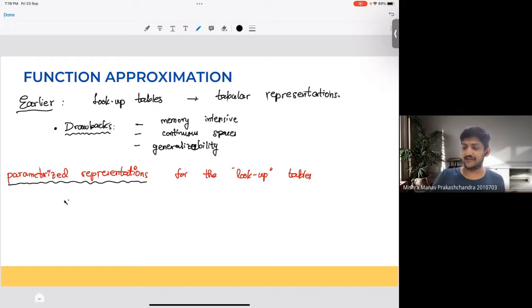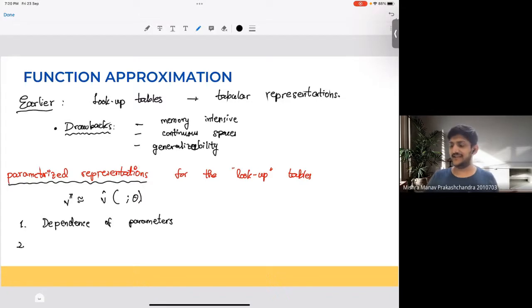So my v of pi, I would like to estimate it as a function of some parameters theta, right? This gives me 2 points. First is that in order to do this, I should have basically a dependence of parameters on the output. So whatever parameters that I have, they should have some linear dependence with respect to the output.